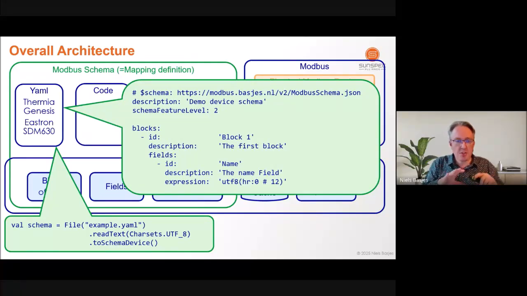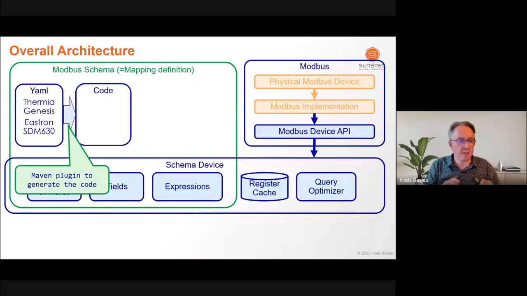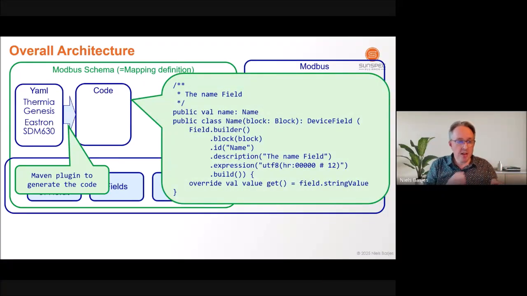Because I found that it's sometimes a bit hard, I also created a Maven plugin to convert the YAML-based code into actual program code. So the Maven plugin just creates code like this. This is actually a copy and paste of that.